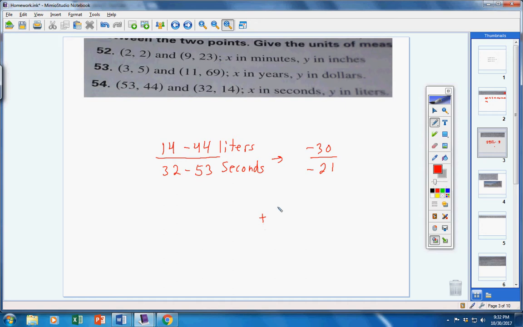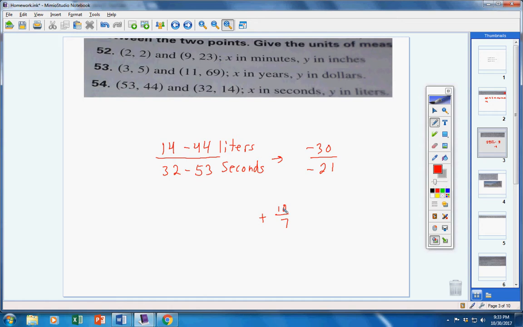3 goes into both of those. 10 sevenths. Now, since we want to get this down to a rate, I'm going to go ahead and divide 7 into 10 to get a decimal. So 10 divided by 7 is 1.43.